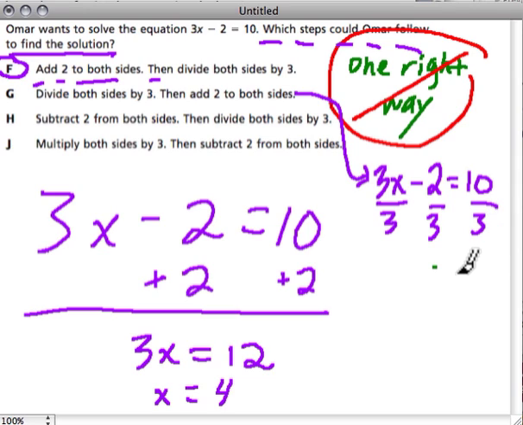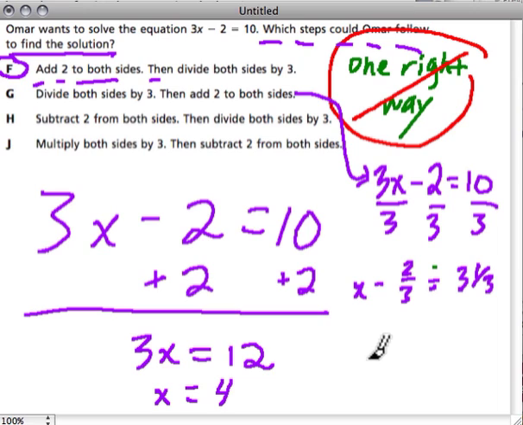So now we have 10 thirds, which is equal to 3 1/3. And 2 divided by 3 will leave as 2 thirds. 3x divided by 3 is x. So now, if you see what happens, this is not wrong, and we're almost there. I think it made it a little bit tougher, but we can do this.